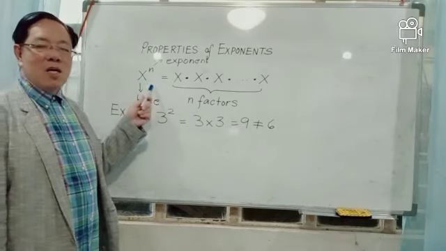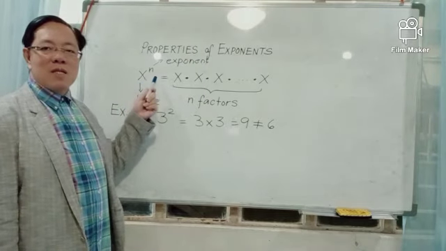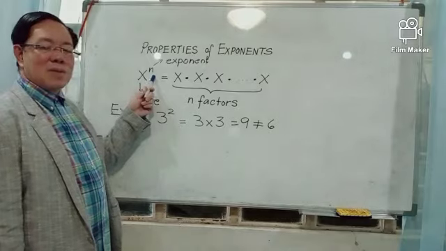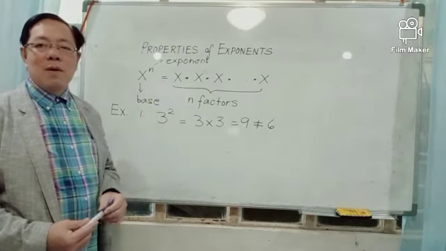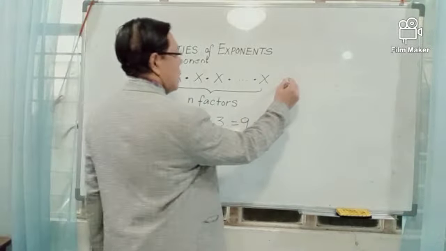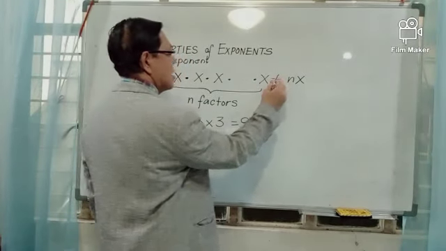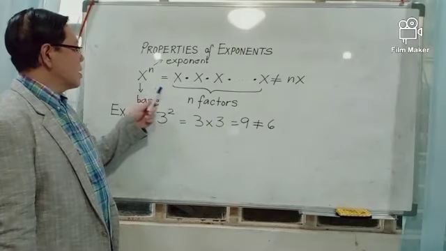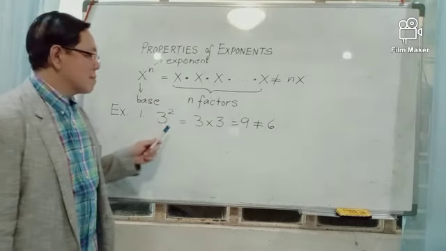When you find the product of x to the power n, we never multiply the base by the exponent, because that gives x multiplied by n, which in general is not equal to the product of x by itself n times.